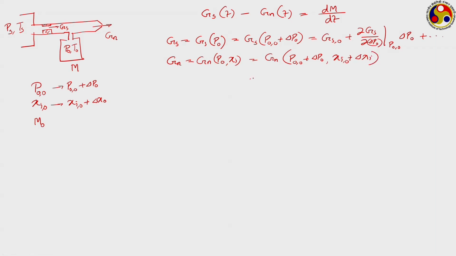Now, if we expand this, we have Gn 0, which refers to the equilibrium position, that is when pressure is equal to P 0 0 and flapper position is xi 0, plus dou Gn by dou P naught at this xi 0, P 0 0 into delta P naught, plus dou Gn by dou xi at again the equilibrium position into delta xi.